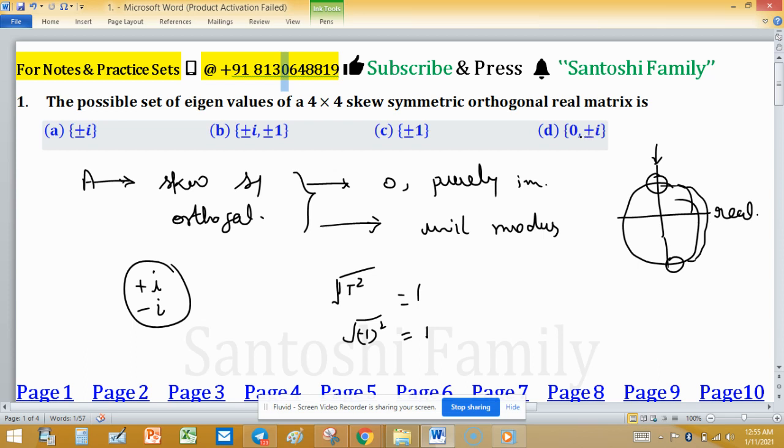If we take eigenvalues purely imaginary or 0, then an eigenvalue of 0 is not of unit modulus. So option D is discarded by this. The correct choice satisfying both skew-symmetric and orthogonal is option A, the most accurate choice among these options.